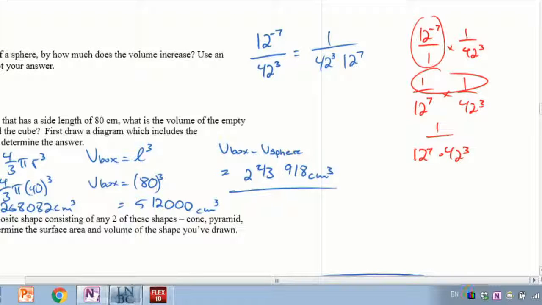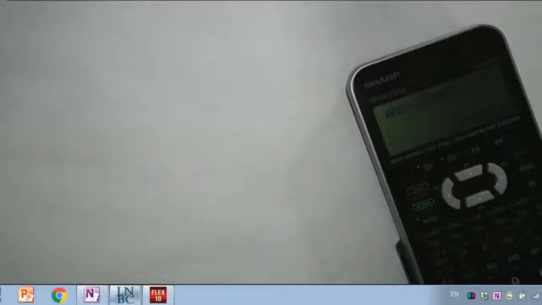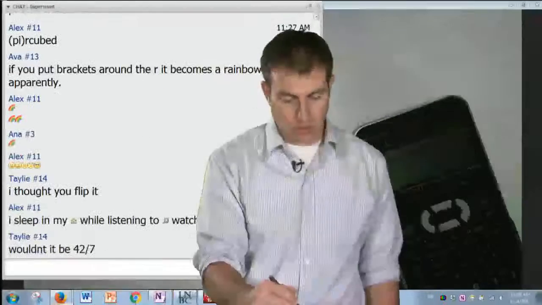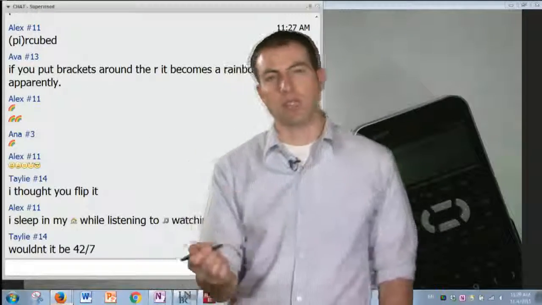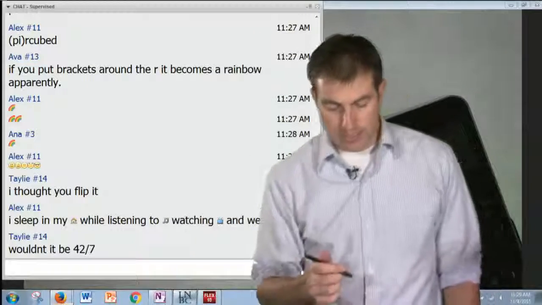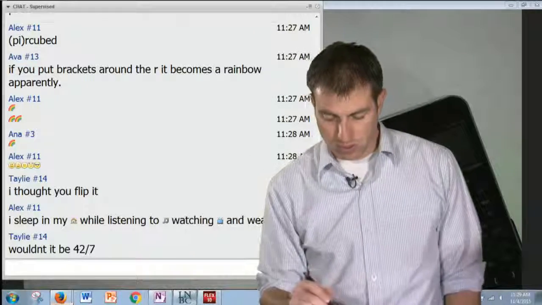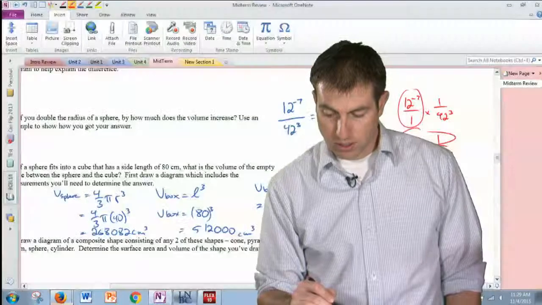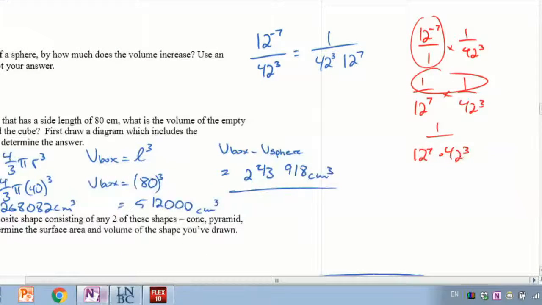I guess where you might be getting confused there, Taylor, is that we need to deal with each thing with its exponent separately. The 42 didn't have the exponent of 7. The 42 had the exponent of 3.